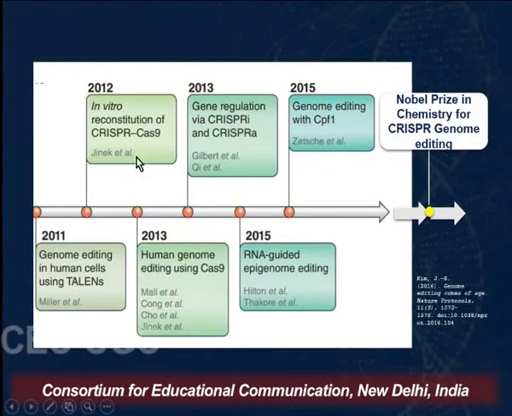Then early in 2012, the CRISPR system was developed, and many improvements have been made to the CRISPR method. We all know that in 2020 the Nobel Prize in Chemistry was given for the discovery of the CRISPR-Cas9 system, which is a highly efficient system for genome editing.